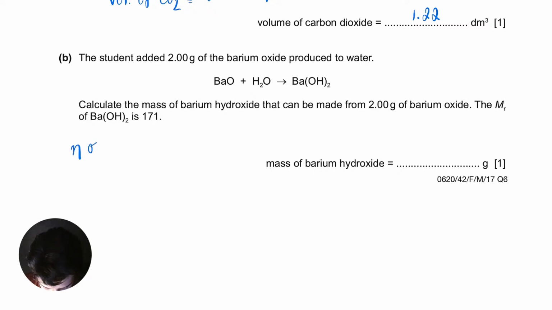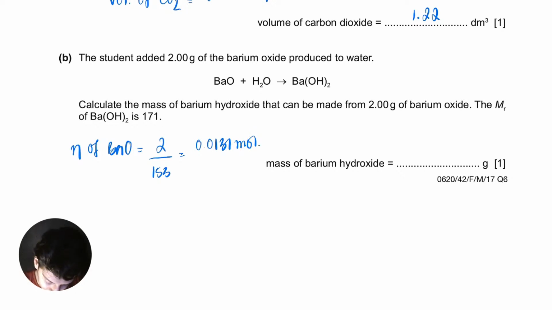Moles of barium oxide are equal to the 2 grams I have divided by barium 137 plus 16, 153. 2 divided by 153 is 0.0131 moles.